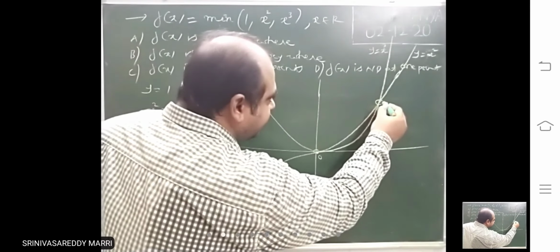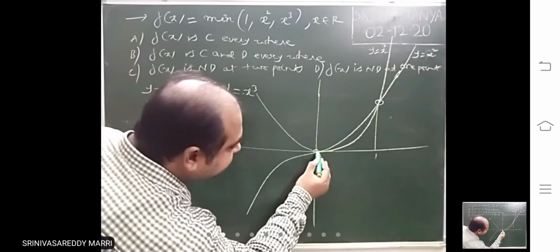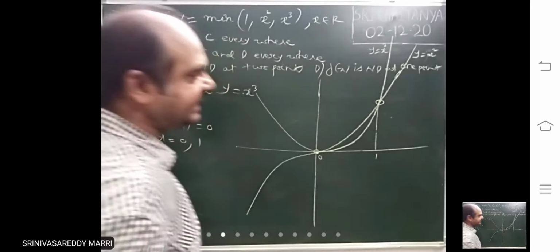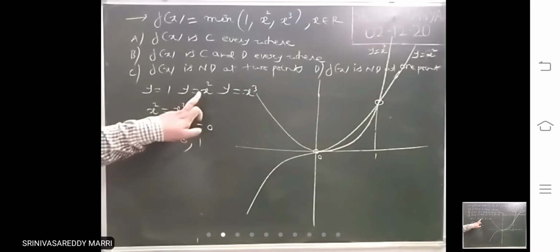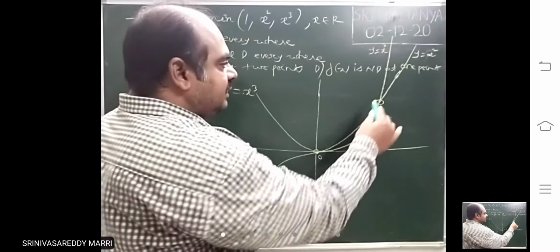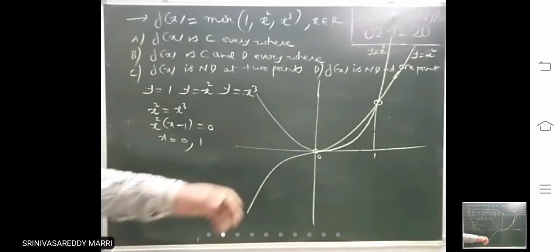Right? Between 0 to 1, you take any x value, x cube will be lesser. That means between 0 to 1, the graph will go like this. If you take any x greater than 1, let us say 2, this is 4, this is 8. That means greater than 1, it will be more than that value. That means it will move above. So now this is the graph.